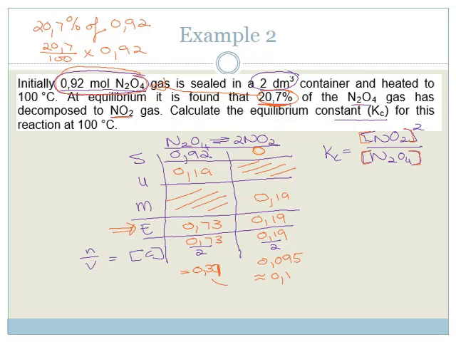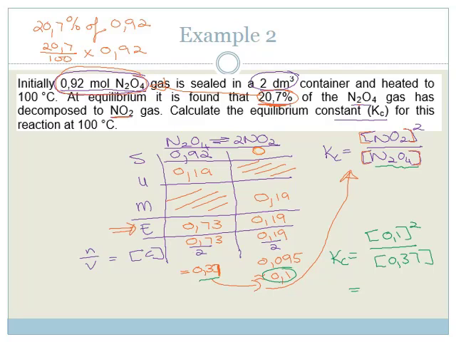And now we need to take these numbers and substitute them into our Kc. So we can say, Kc is equal to the concentration of NO2, which is 0.1, so 0.1 squared, over the concentration of N2O4, which is 0.37, and then we pop it in our calculator.